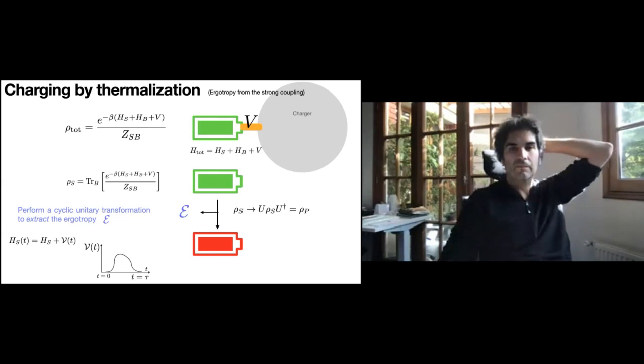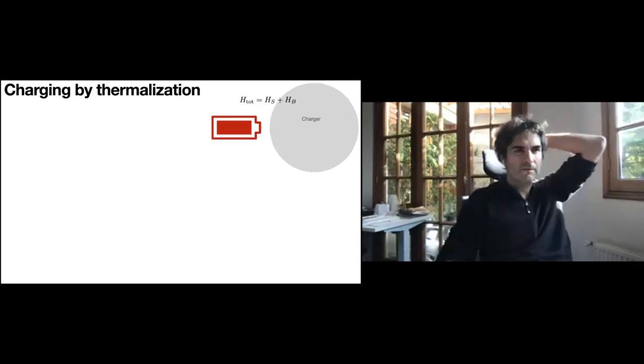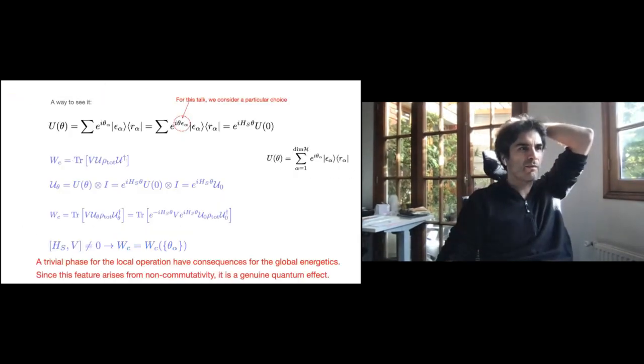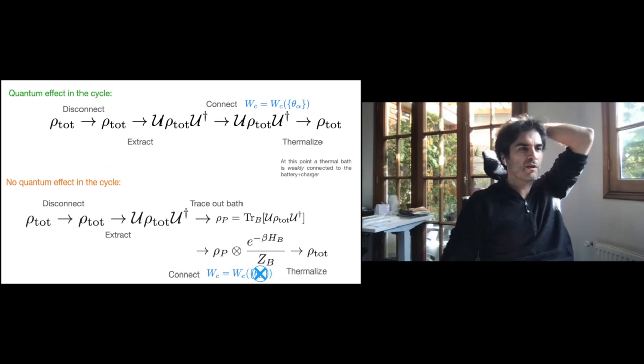I mean, you had one slide with two things, one had some quantum advantage, another one did not. Okay, maybe you are talking about here. So what is the difference between the upper one and the lower one?